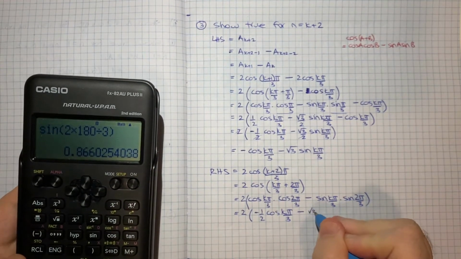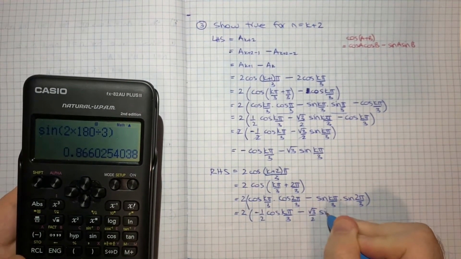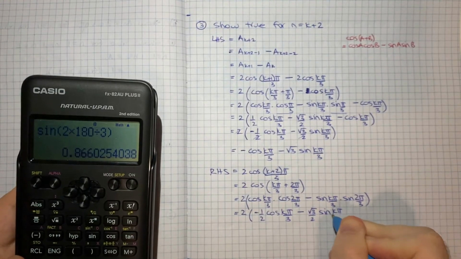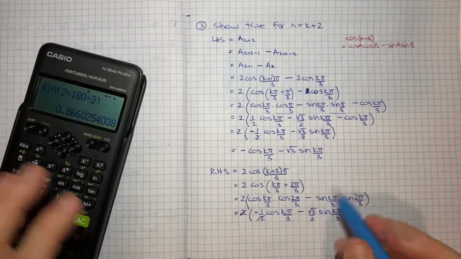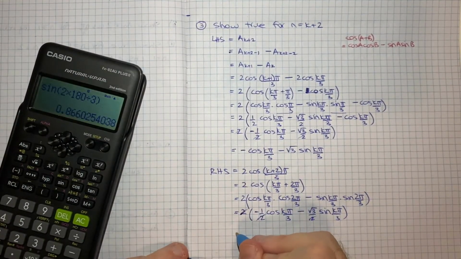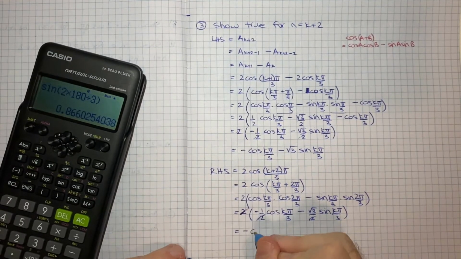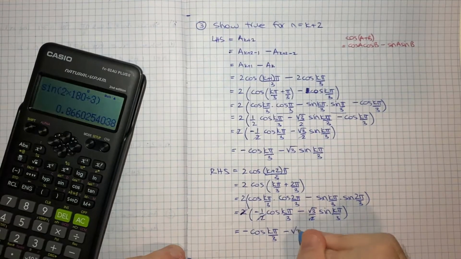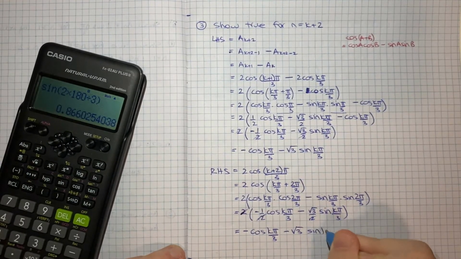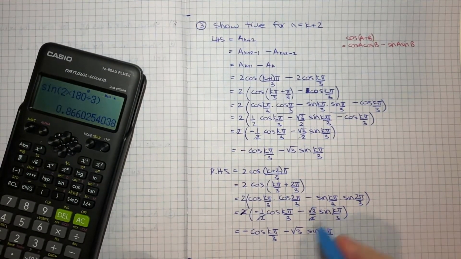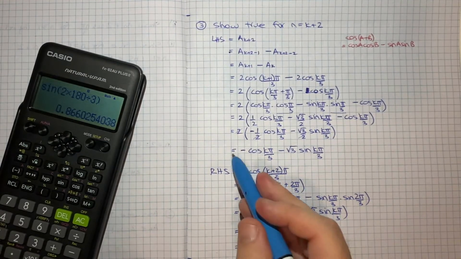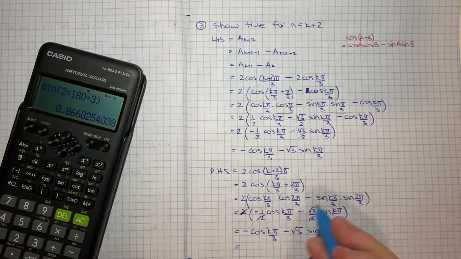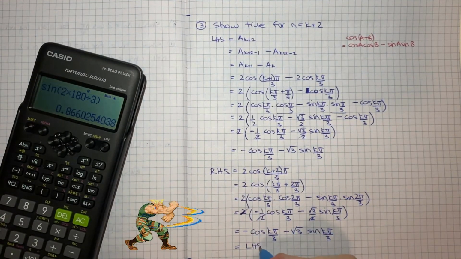So root 3 on 2 sine k pi on 3. 2's cancel like before, and we end up with minus cos k pi on 3 minus root 3 sine k pi on 3. And that is equal to the left-hand side. Sonic boom!